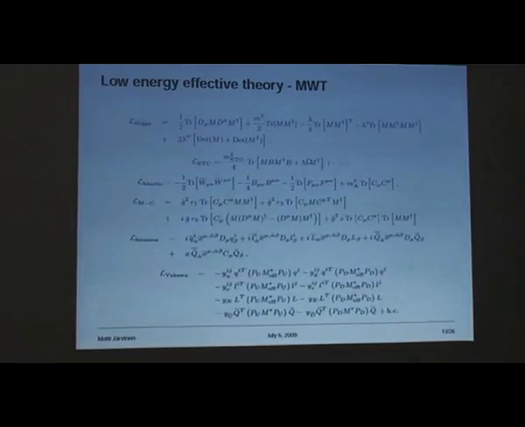This is just the complete Lagrangian, or at least almost complete. I won't give any details, but this matrix M has the scalar degrees of freedom, and this C has the composite vector states. Then you write down all the different couplings.